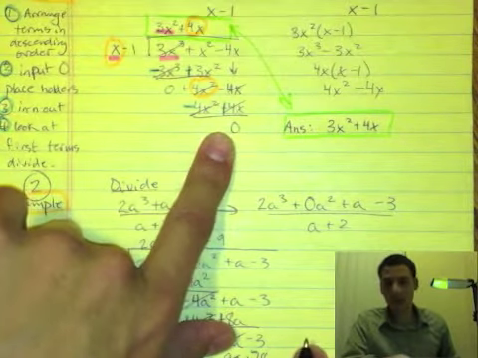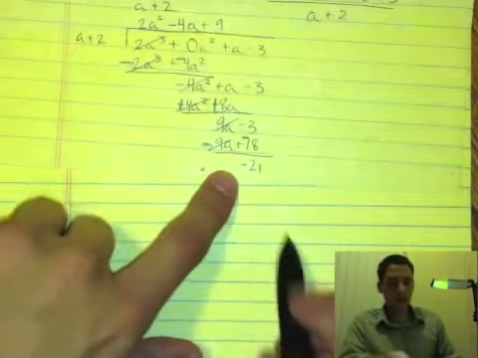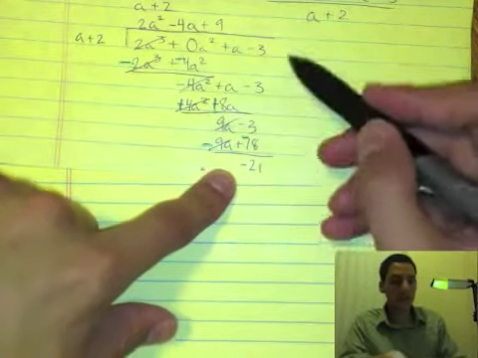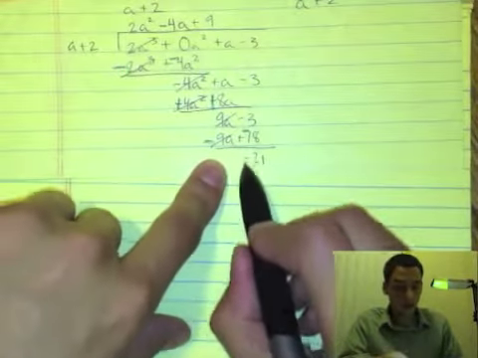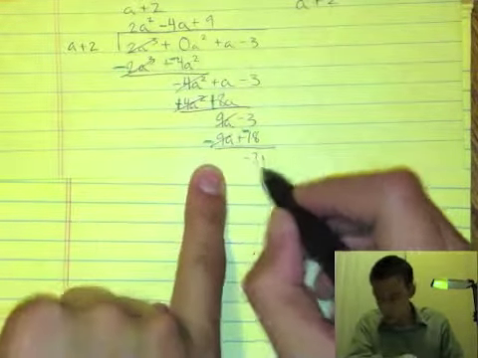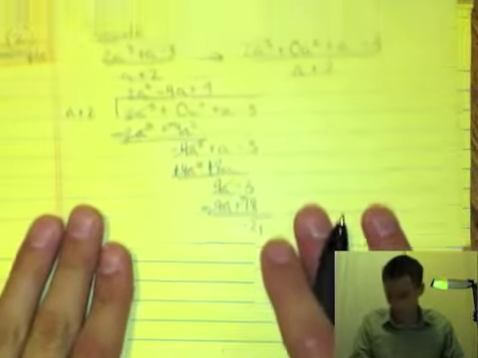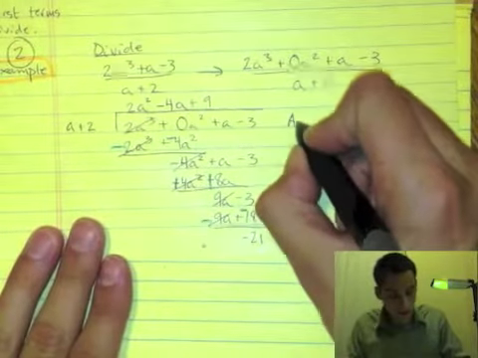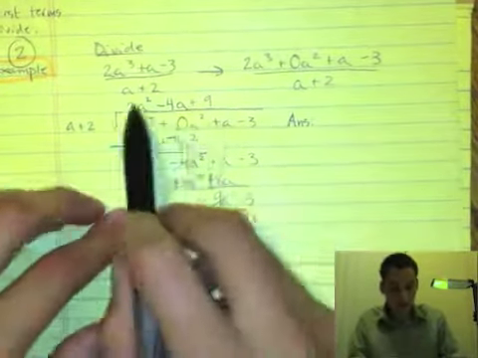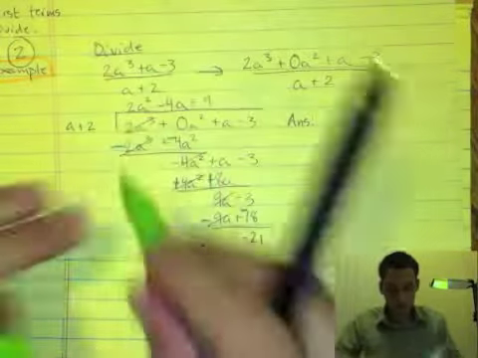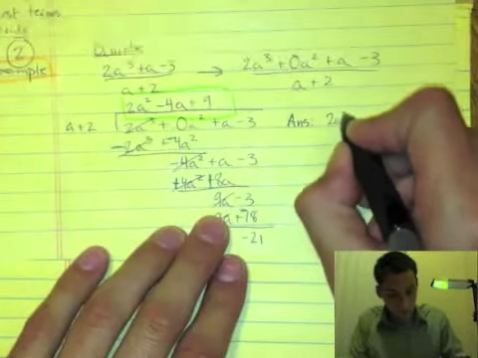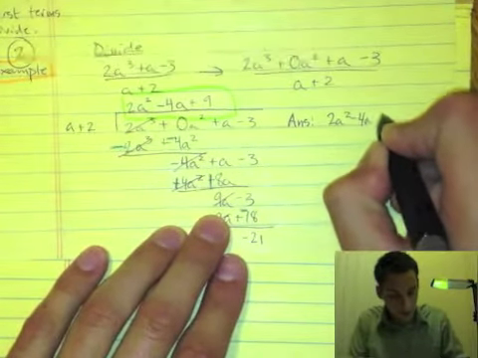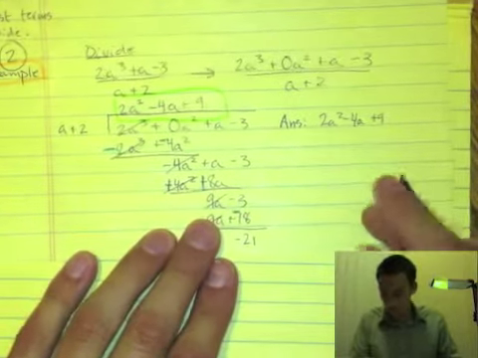So in this example, we ended up with a remainder. I have nothing more to bring down, so I can't do anything else, except I still have a remainder. And this remainder I will write like this. So our answer here is 2a squared minus 4a plus 9.